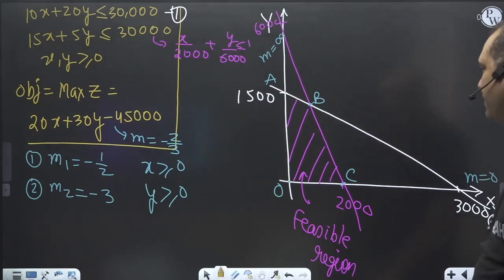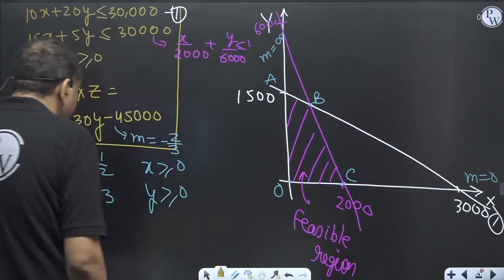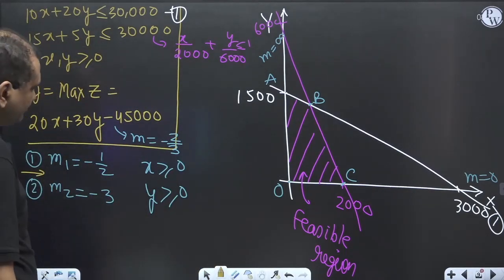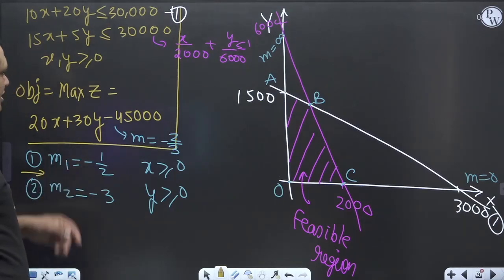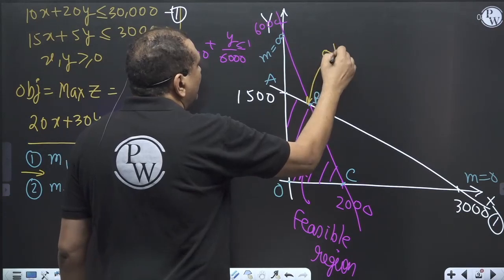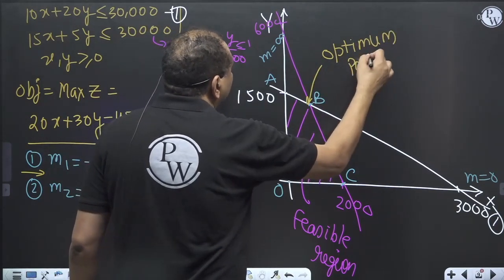So coming to this problem, my objective function slope is lying in between. So the intersection of these two lines will be the optimum point.